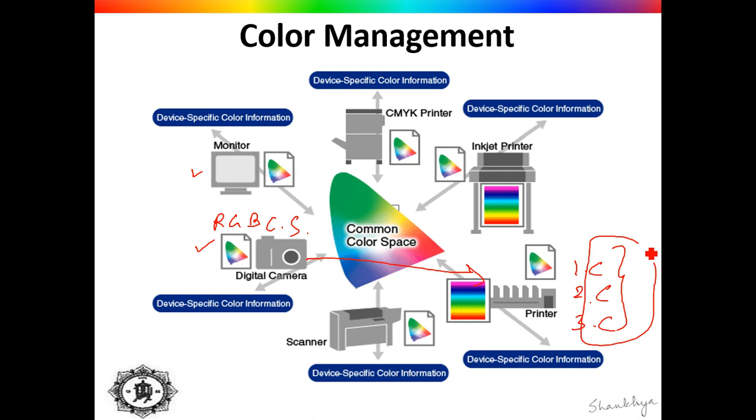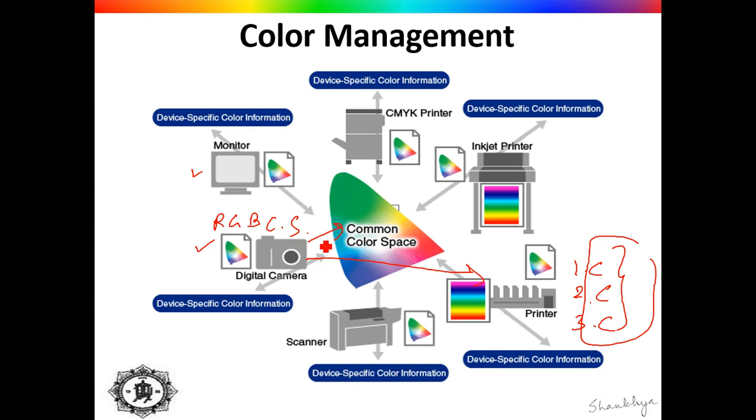But in case of device independent color management, what we do is first we convert the input image from its native or embedded input color space to some device independent color space. So if you have shot a digital image using this digital camera, the image is in RGB color space.